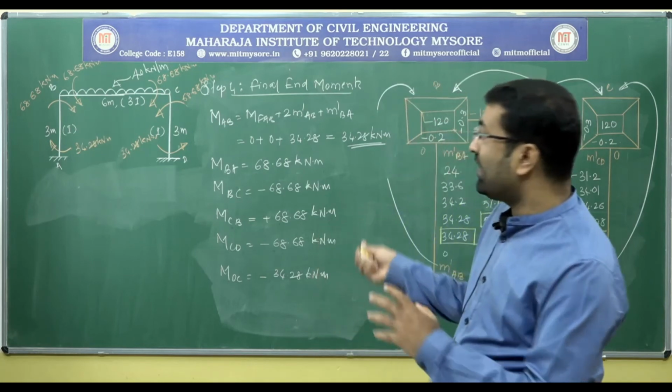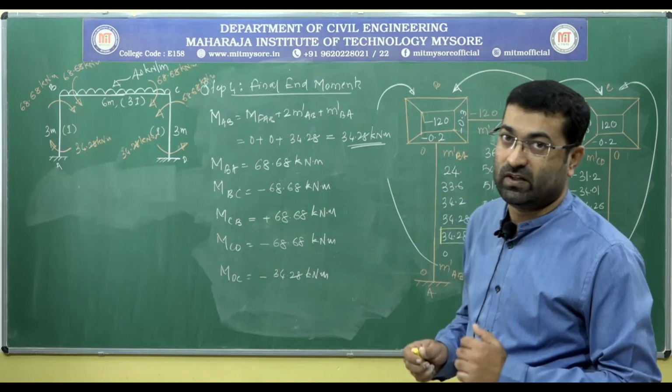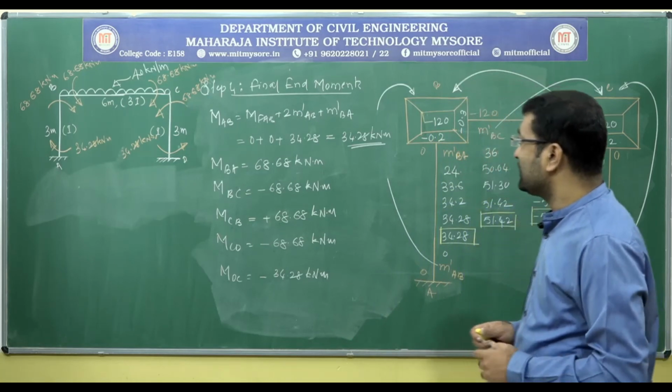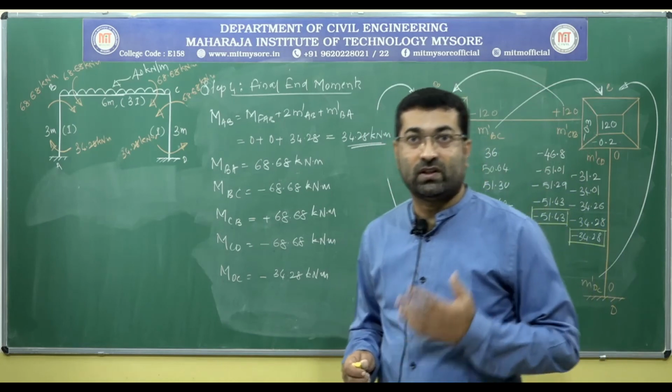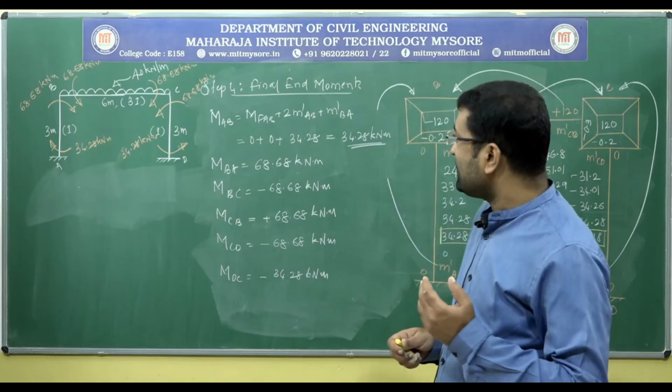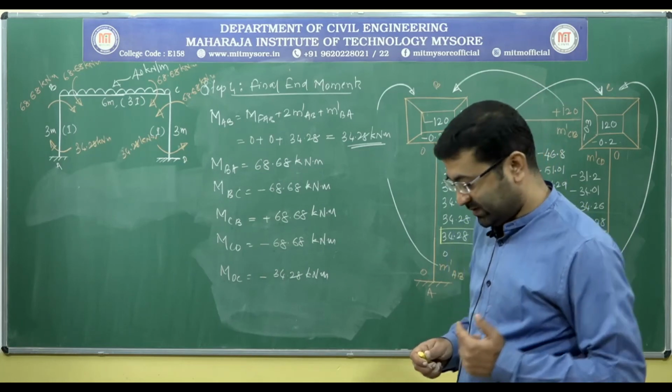If you are getting different values for a symmetric frame, it means we have gone wrong somewhere. Okay? So with the help of these values, we can go for the further calculation, that is support reactions and the maximum bending moments.